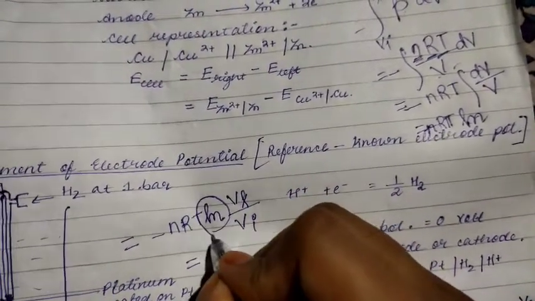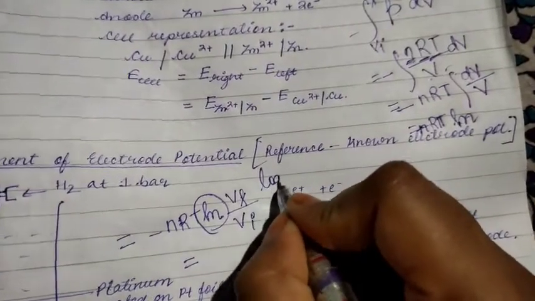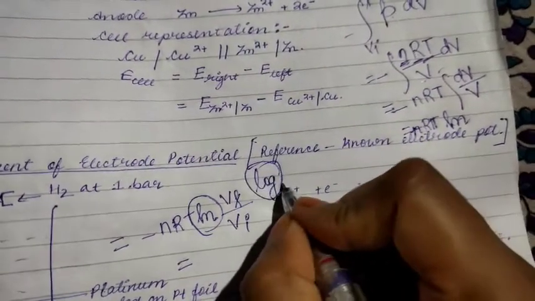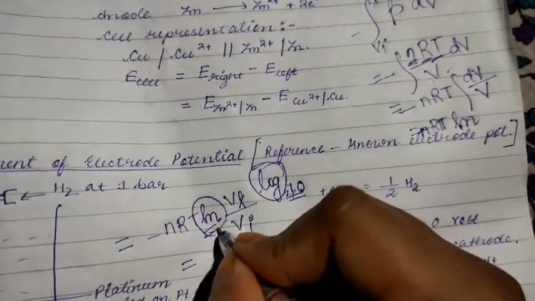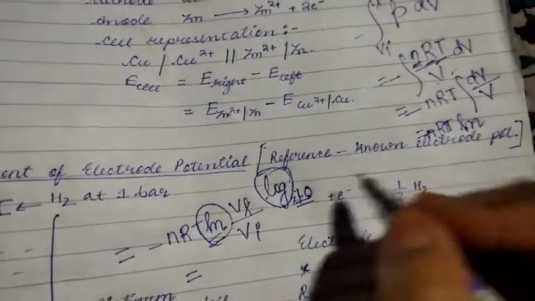This is ln, and I think you know the word logarithm. Its base is 10, and for natural log the base will be e.